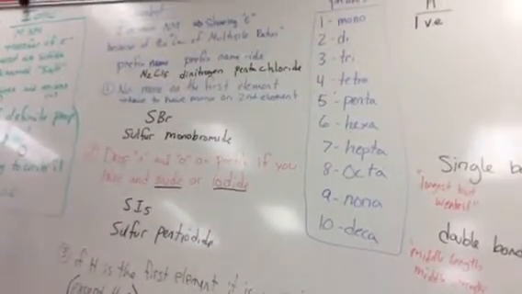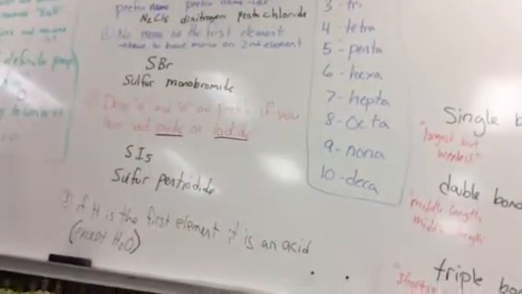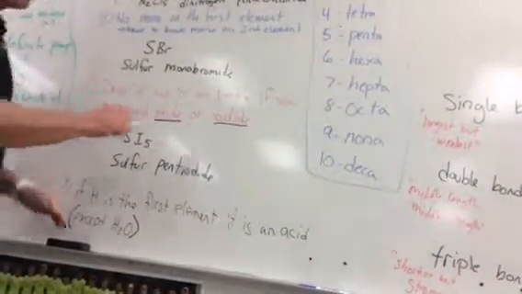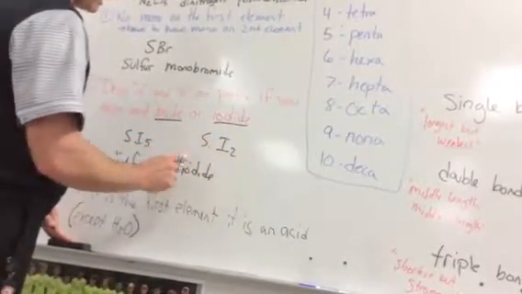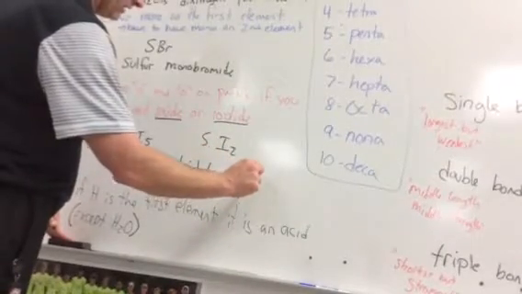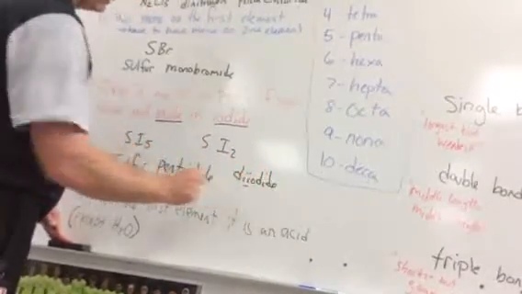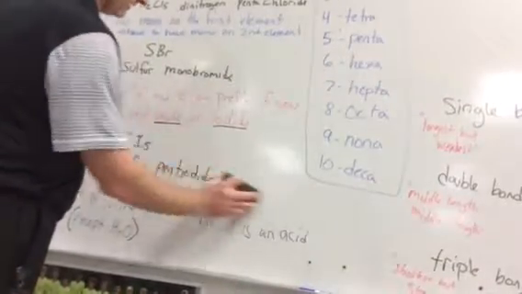All right? And so you only drop them for oxides and iodides. Now, the I's you would keep. So if I have like an I2, like if it's like SI2, that'd be sulfur diiodide. So you would have two I's in a row. All right? So the I's you keep, but you drop the A's and the O's.